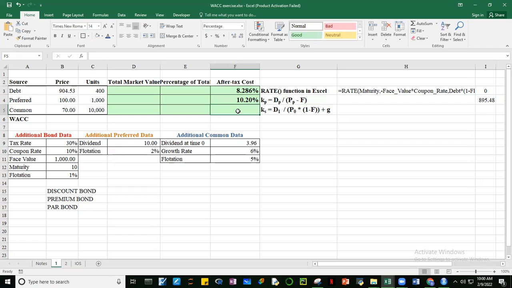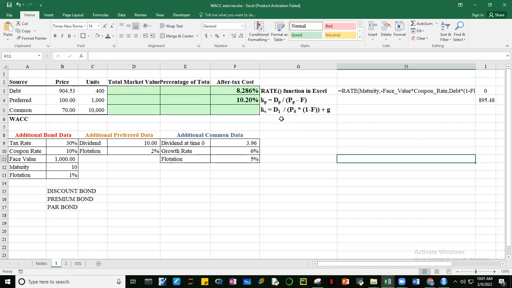Lastly, guys, you have cost of common equity. Okay, yung cost of common equity, parang pareho lang siya ng cost of preferred. Itong denominator parang minus flotation cost lang din. It's the same.